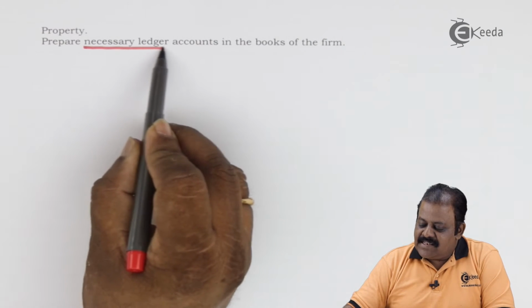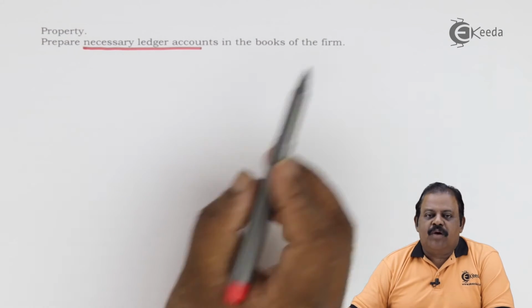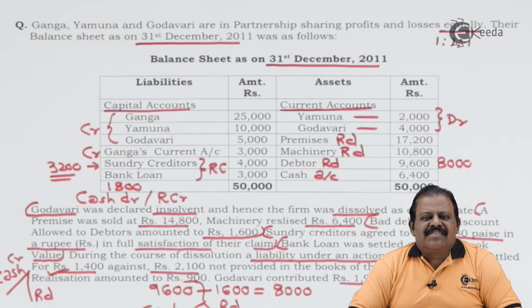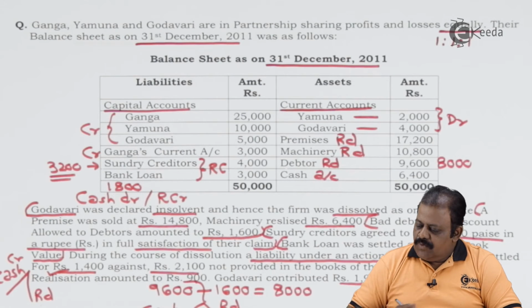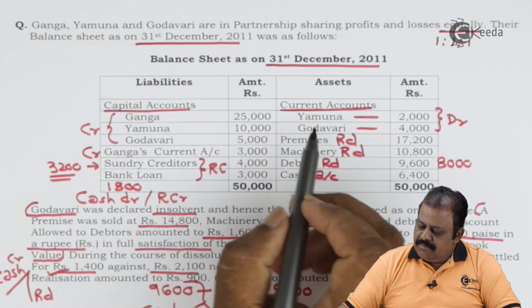Prepare necessary ledger accounts in the books of the firm. Let us start solving the question. First step is transferring all the items from the balance sheet to various accounts. We'll start with the asset side.